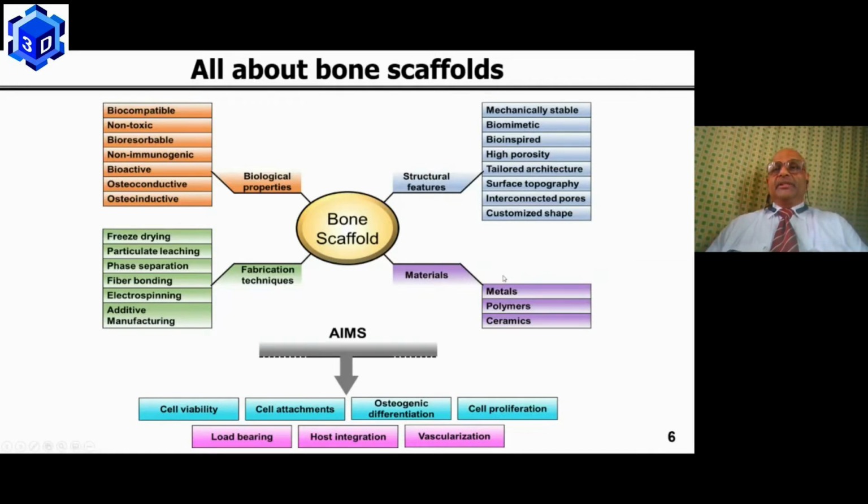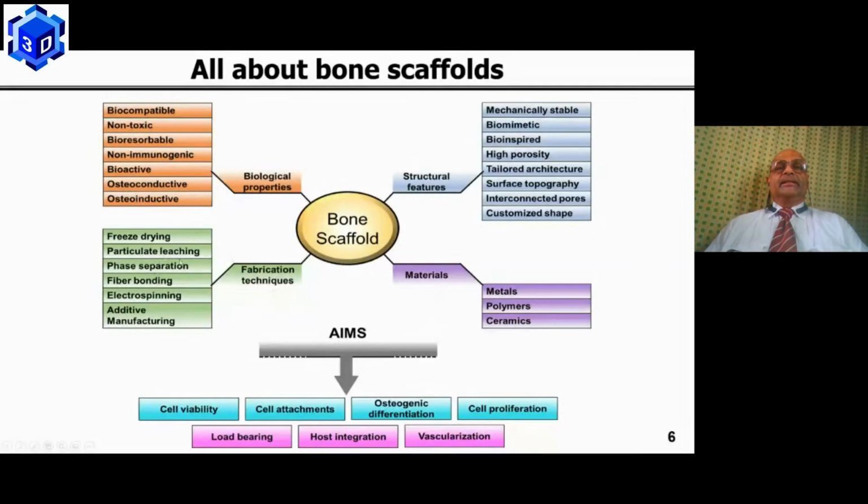The materials used have been several. Metals have been used extensively. Ceramics have been used. Polymers also have been used. So the real challenge is in combining at least two of these together to be able to provide all the functionality, the structural and the biological functionality, to make an efficient bone scaffold.